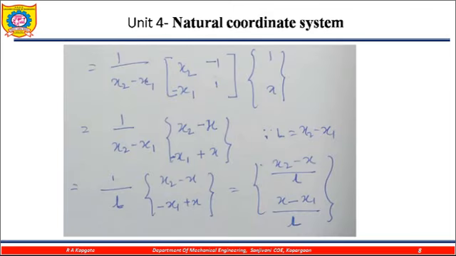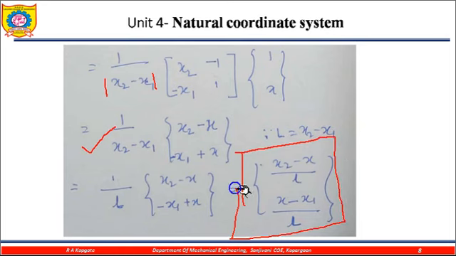So by using a cofactor method I am getting this one. This is the determinant of my matrix. Then this one is the transpose of the cofactor multiplied by these terms, and finally by deriving this we get these terms, that is (x2 minus x) upon L and (x minus x1) upon L. This we have already studied and derived in unit number 2.